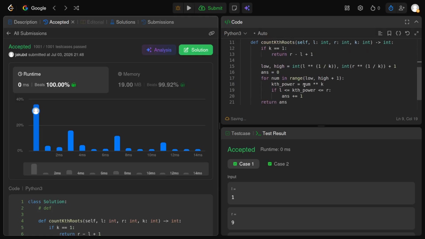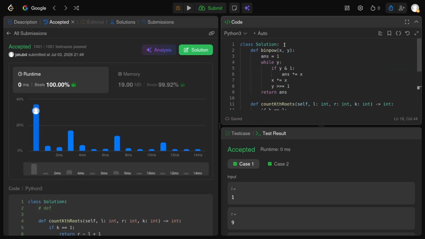Then we can use bimpo num to k, and maybe we could use it for this, but not sure how it would work for negative numbers.